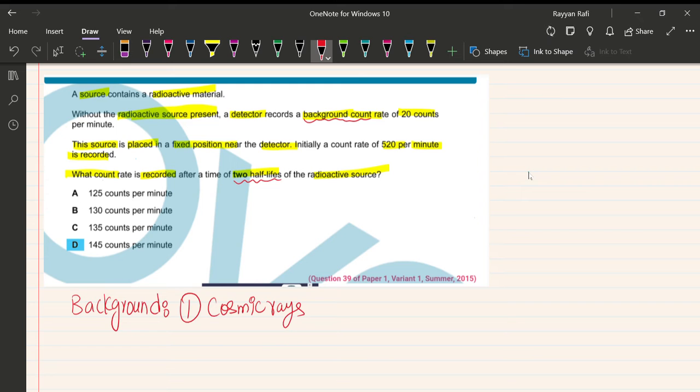These cosmic rays are released in an event known as supernova, when a star dies and it releases cosmic rays which are detected by our GM counter or any other detector we are using.